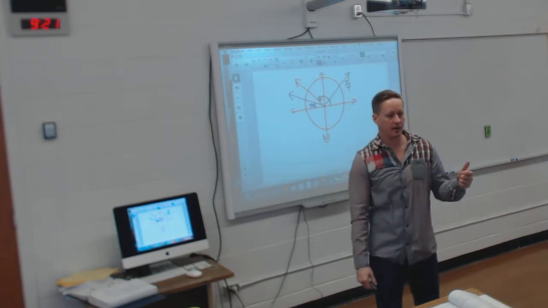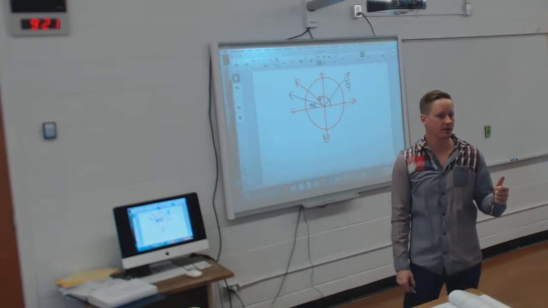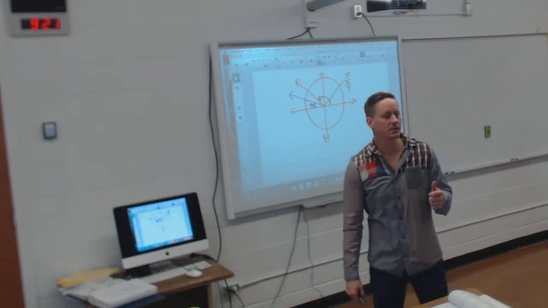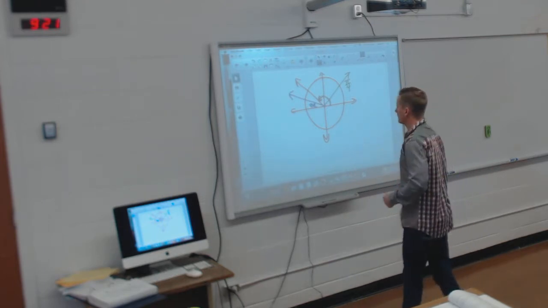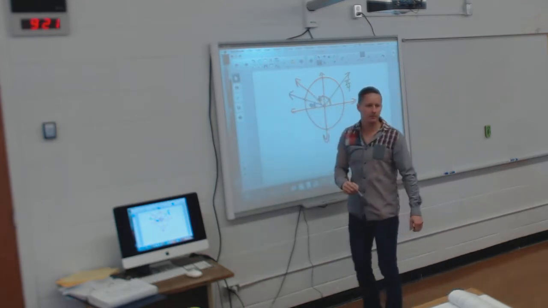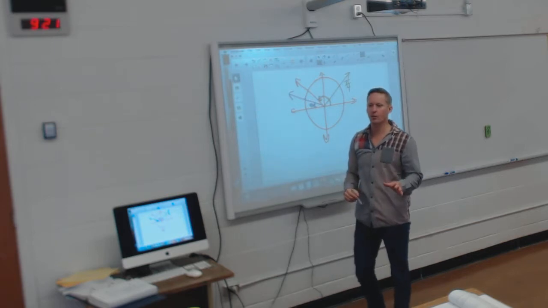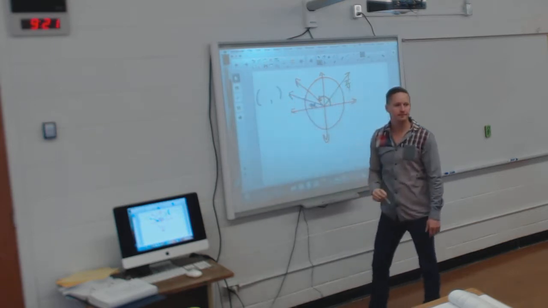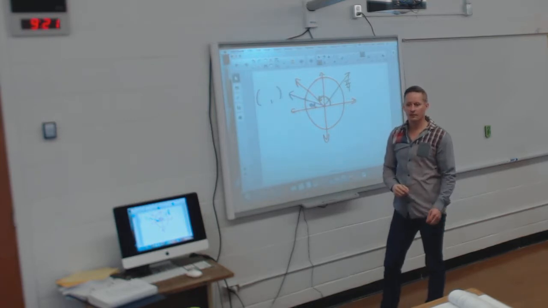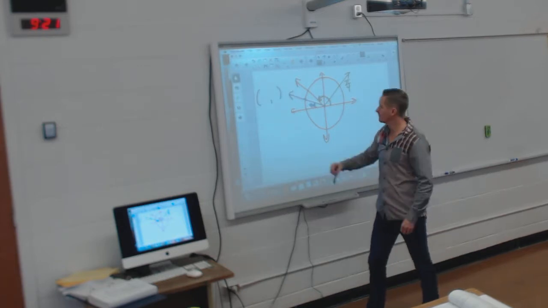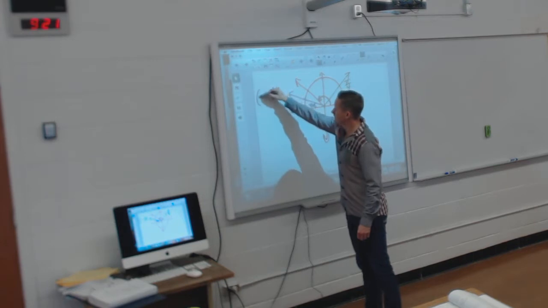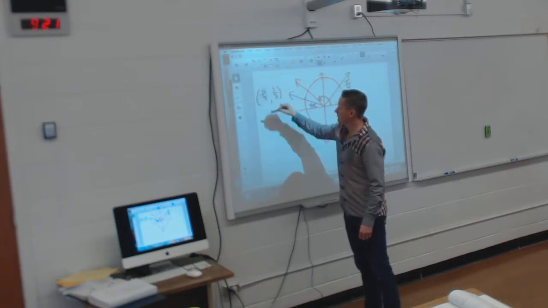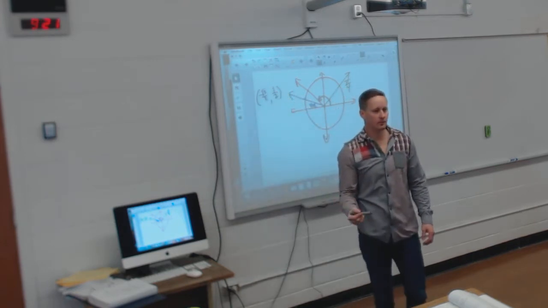What does that measure in terms of degrees? 150. What's the exact values? So I'm asking you for the coordinates now. When I ask you for exact values, I want the coordinates. So what's the coordinates of that guy? Remember, your reference angle is 30 degrees. So what's the sine value of 30? Right? We'll get into a rhythm here.